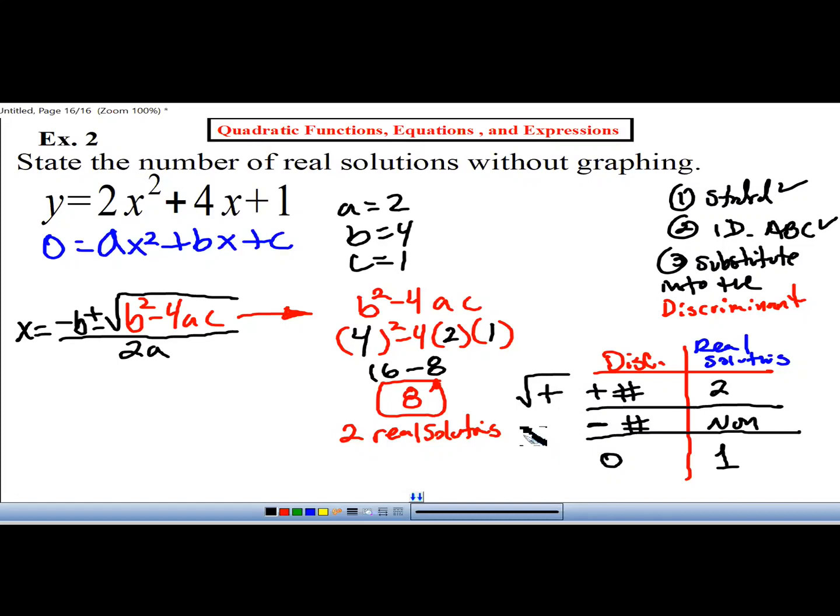How about this? If I have a square root of a negative number, what kind of number do we end up with? Imaginary. That's why it's no real solutions. And last, if this number was a 0, what is square root of 0, guys? 0. That's why it's only 1 solution.